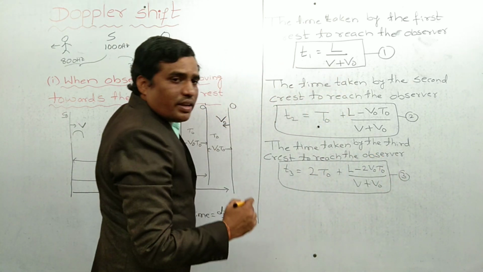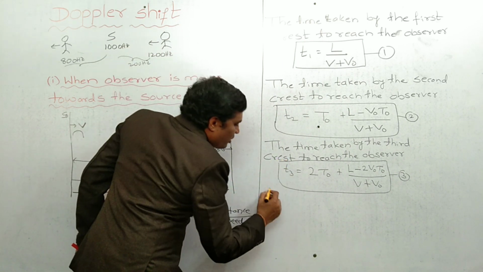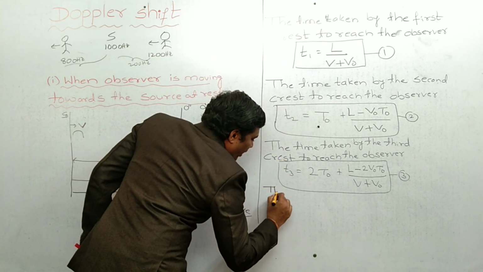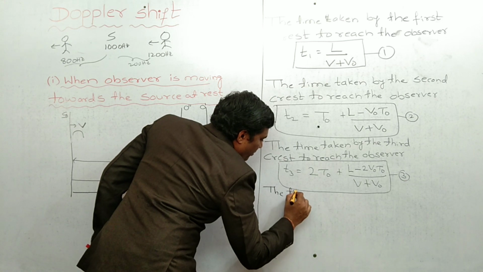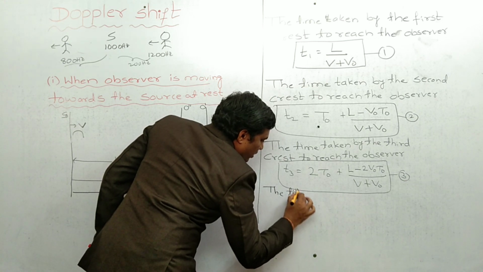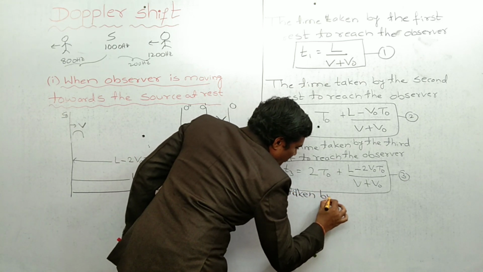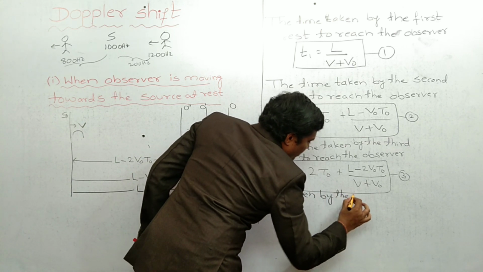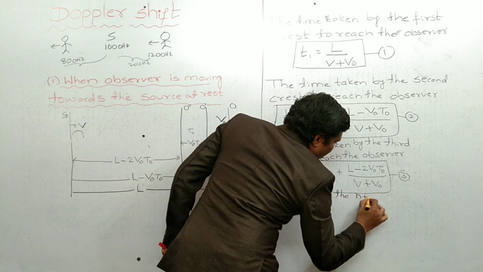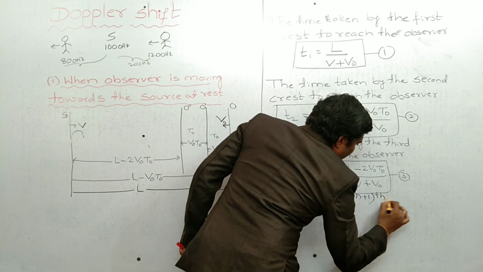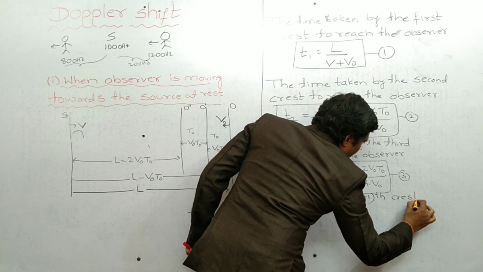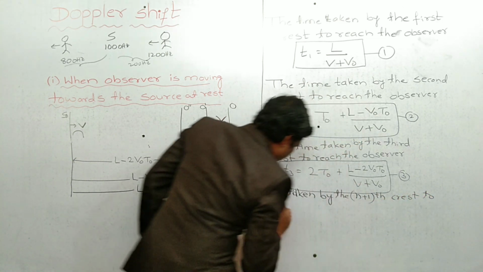Now the time taken by the n plus 1th crest to reach the observer.